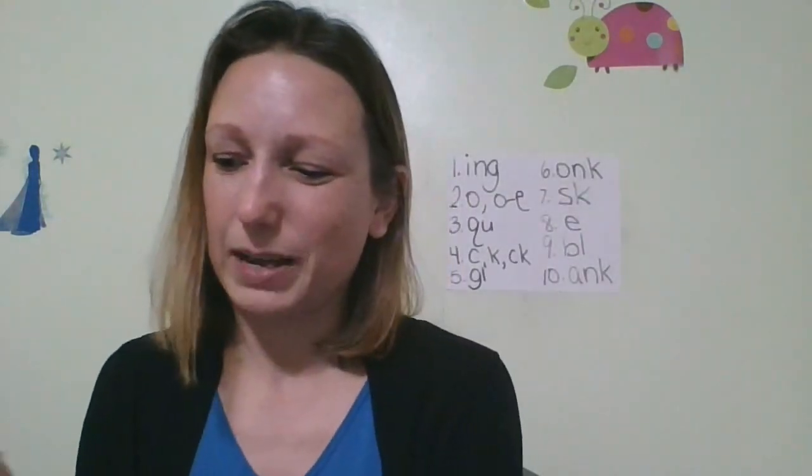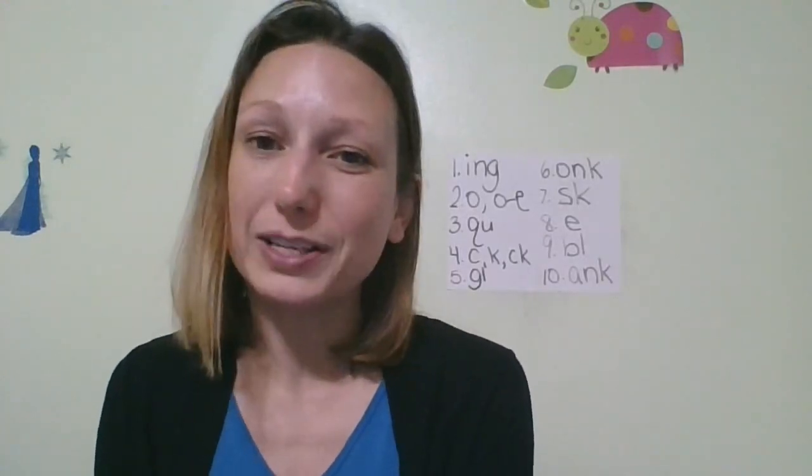Excellent. Give yourselves a pat on the back and let's practice spelling some of these words. Get your pencil ready. Number 1, the word is cling. Remember, you repeat the word cling, sound it out, and then write it as you spell it again.